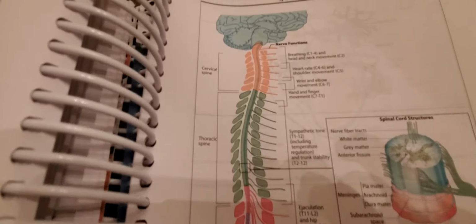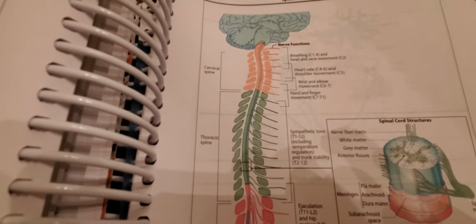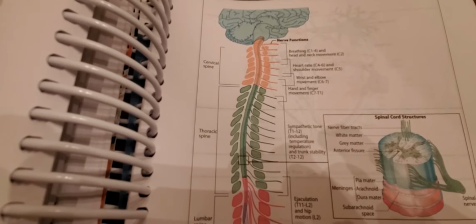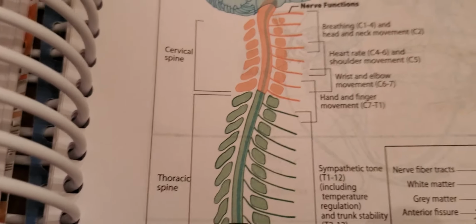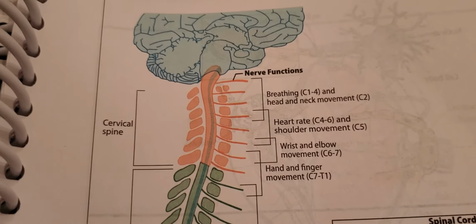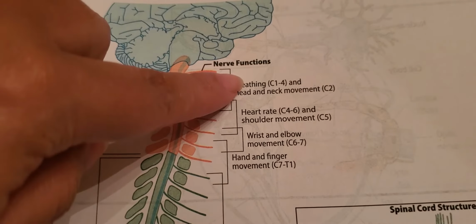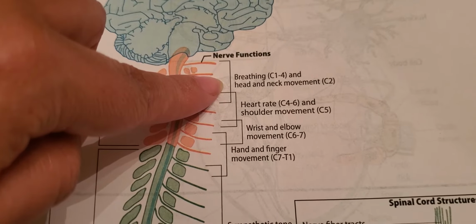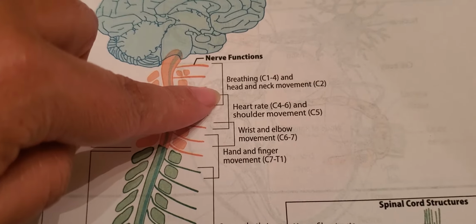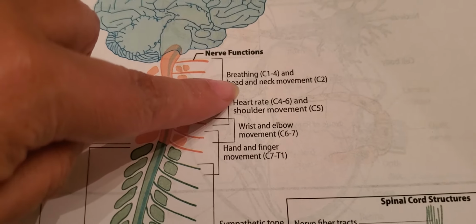And look, this is the spine. This is a really good illustration of the spine. See, it breaks down. Let's go a little closer. There we go. So then you got your cervical spine, right? So breathing C1 through 4 and head and neck movement, C2.